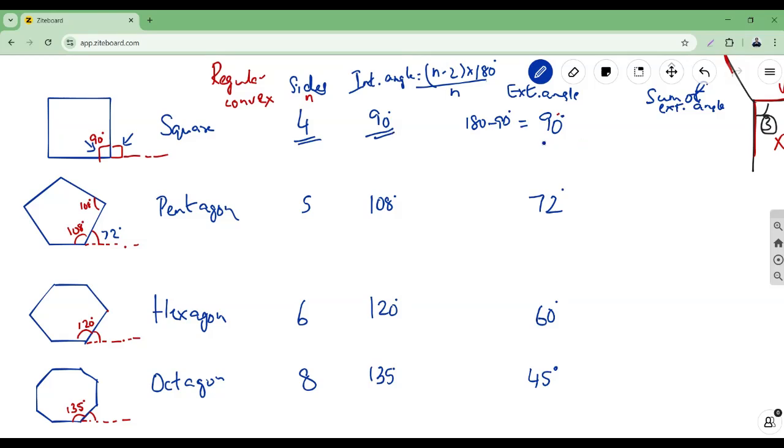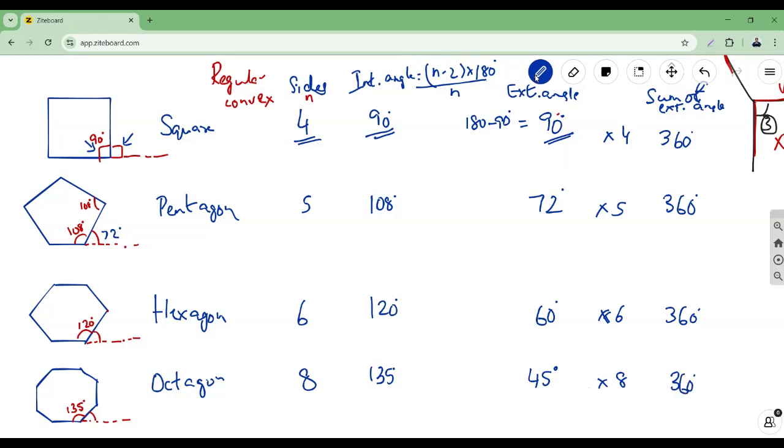That means if one exterior angle is 90 degrees, 4 angles together become 360 degrees. Then for the 5-sided pentagon, if I do times 5, I'm going to get 360 degrees again. And in the hexagon, 6 exterior angles are going to be there. The sum of all the exterior angles is going to be 360 degrees again. Similarly, for the octagon also, it is going to be 360 degrees.